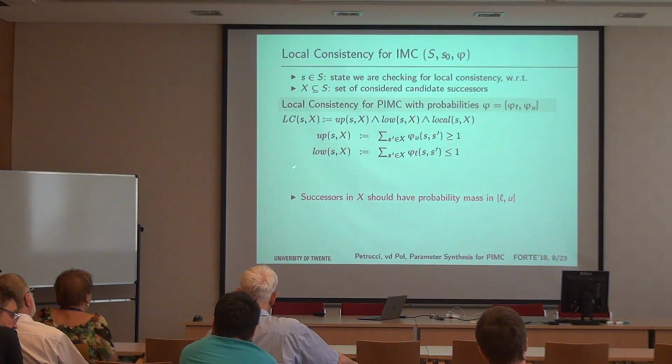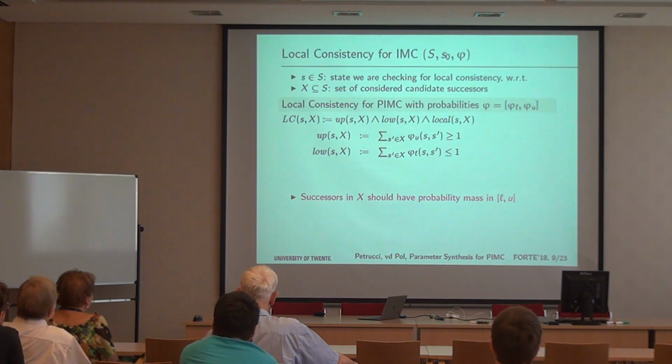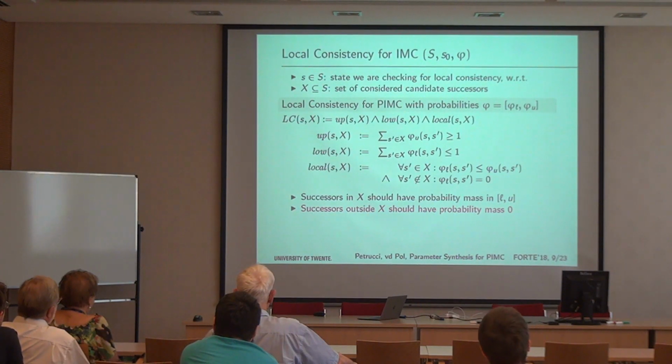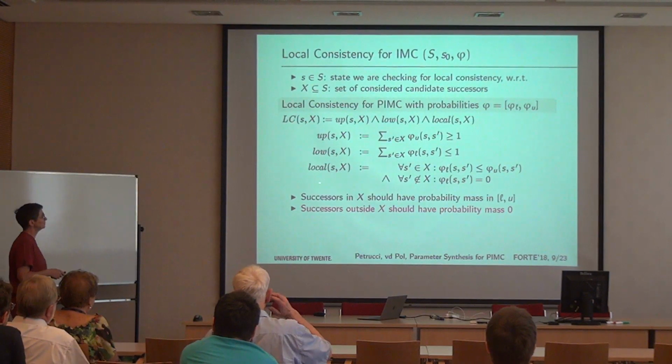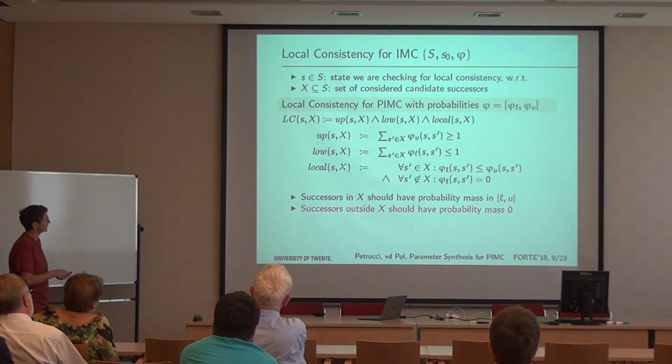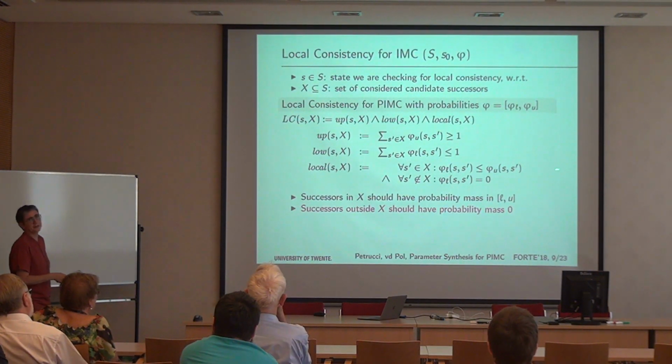Similarly, for the lower bounds, they should add up to something that is less than 1. And finally, I have some local part, which states that if I go from S to an element of X, then I have the lower bound that is smaller than the upper bound.